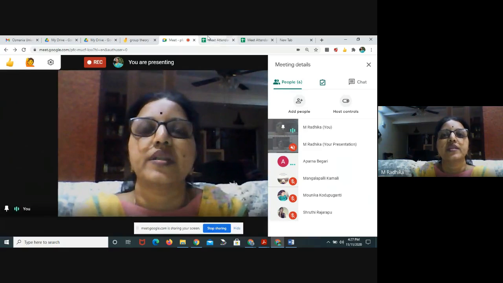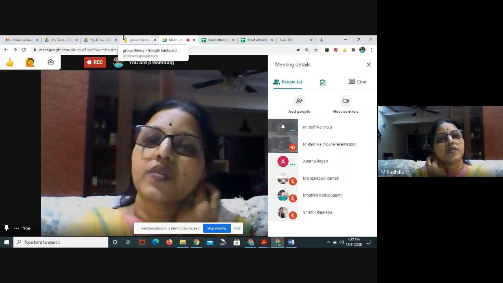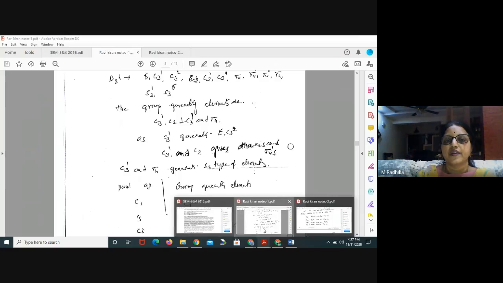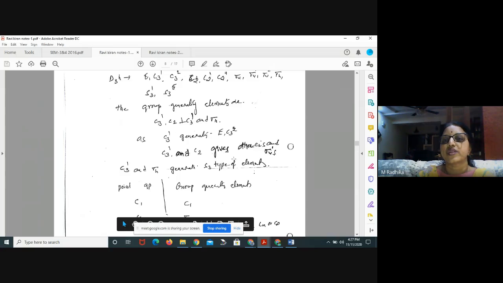So to represent this, you require a little bit of imagination. Along these, I have the sigma V's. And if I have a horizontal one, I will have a sigma H. So we are able to use C3 and C2 to generate the sigma V's, and C3 and sigma H to generate your other improper rotation axis.